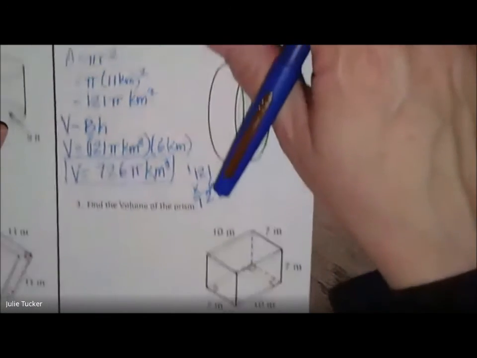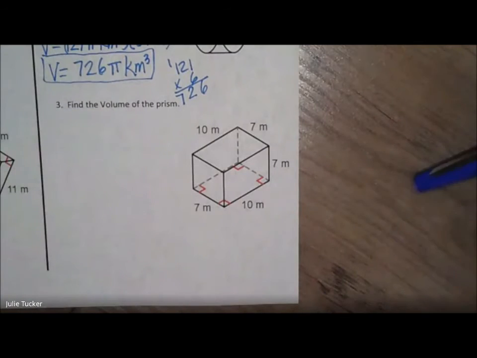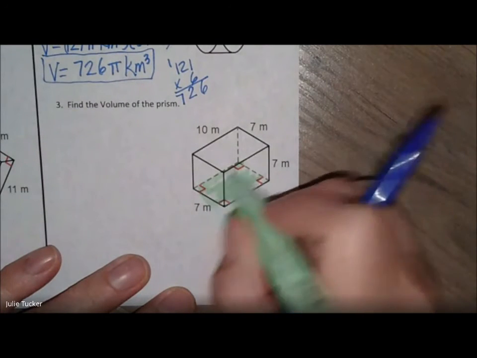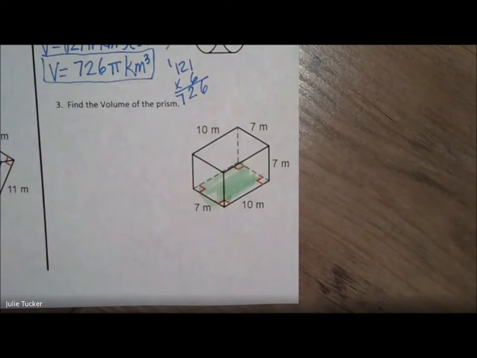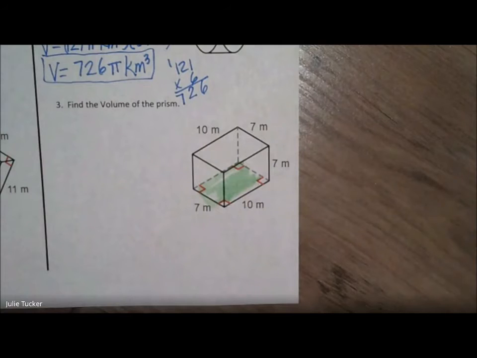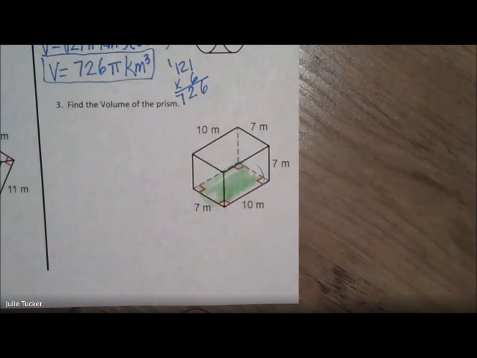Okay, last problem. This is a rectangular solid. So I'm just going to let this be the base. Rectangular prisms are kind of unique because you could let any side of a rectangular prism be the base. So what is the area of this base?